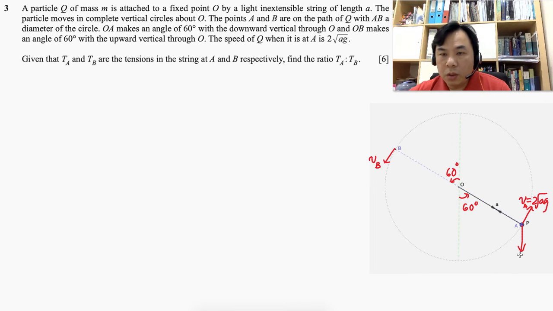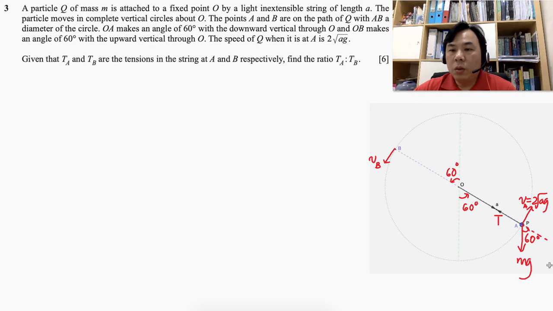It has a mass of m, so there is mg. And don't forget there's a tension here. I'm going to extend this a bit so that you can see that this is also 60 degrees.